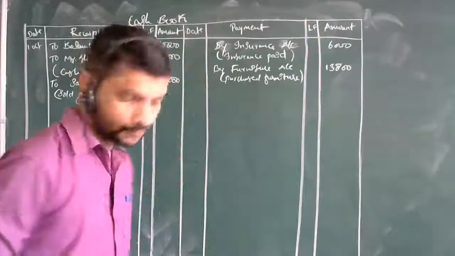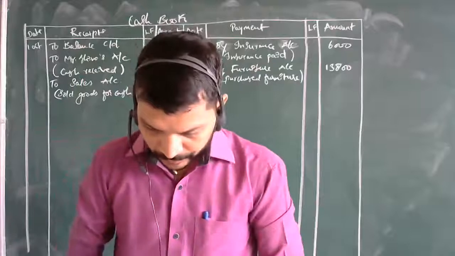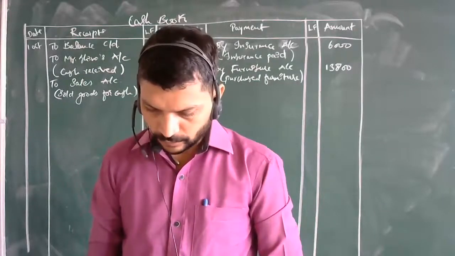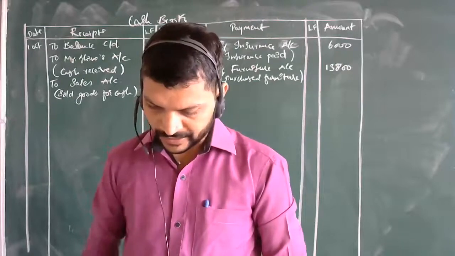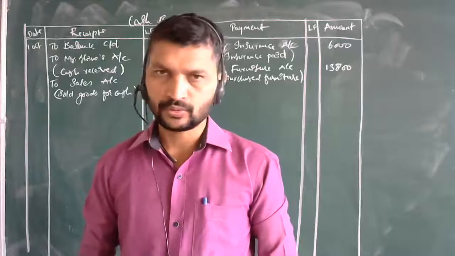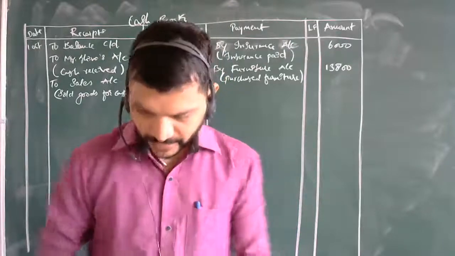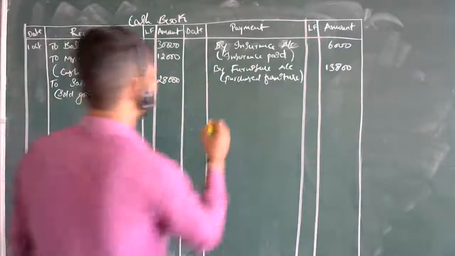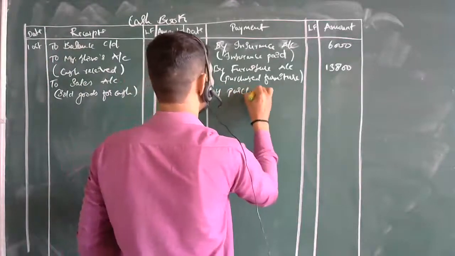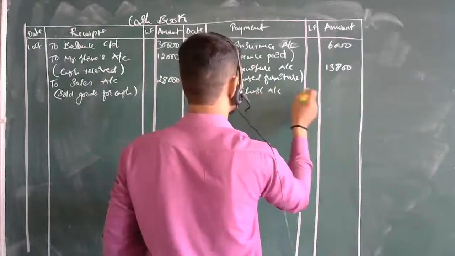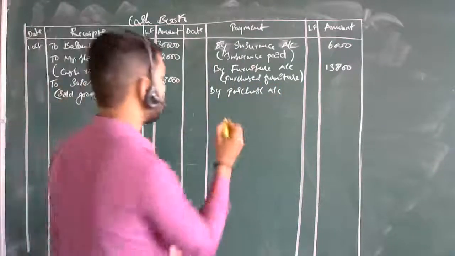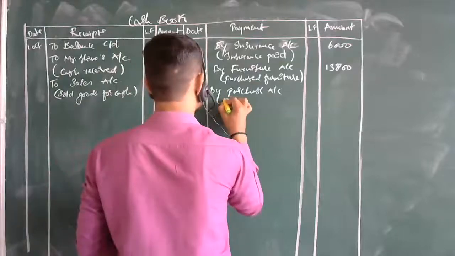Now what is the next entry? After sold goods for cash, purchased goods from Sudha for cash. Now a new word comes here, purchase account. So you can say by purchase account. Then you can write the narration, goods purchased.